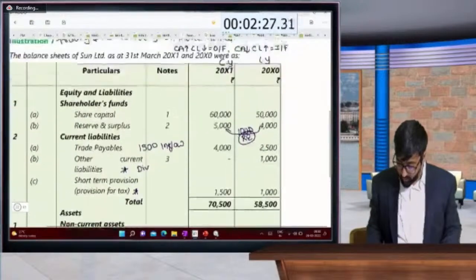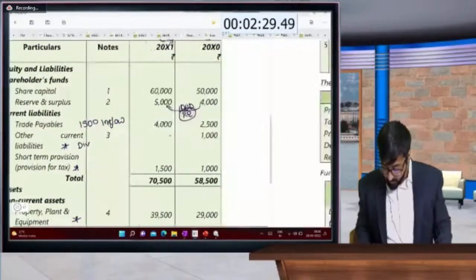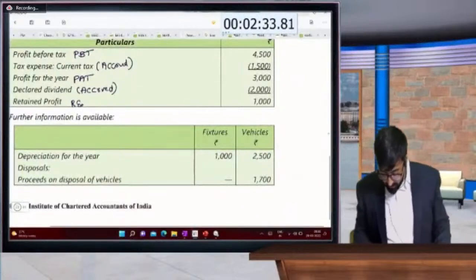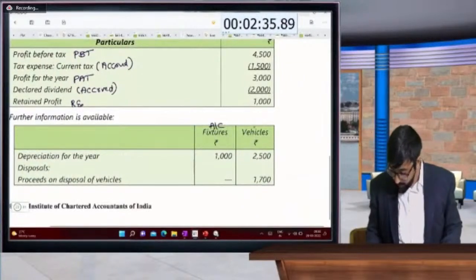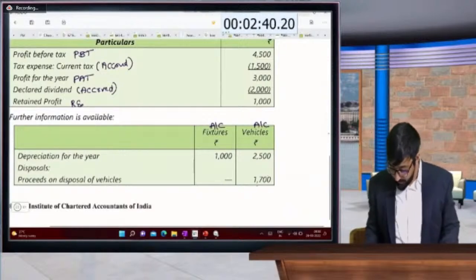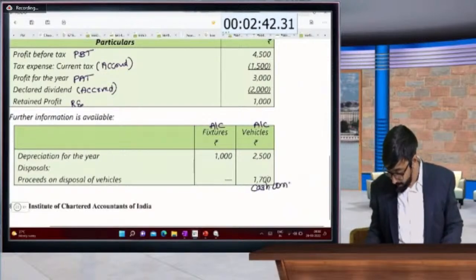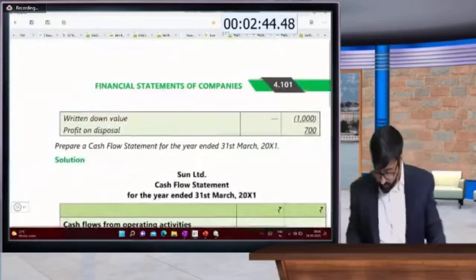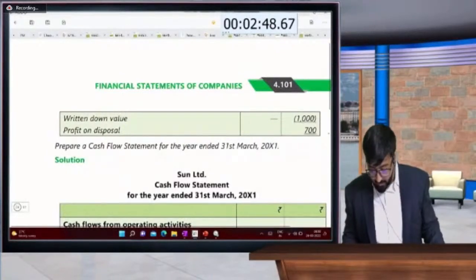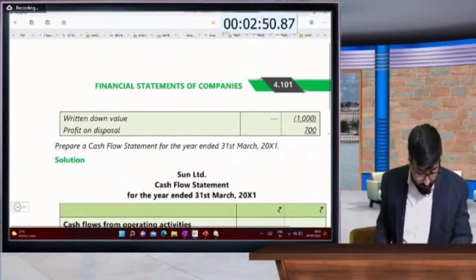Okay, no need of other adjustments. Proceed with depreciation account, vehicle account. Proceeds from disposal of vehicle, cash comes in. And profit we will record in adjusted P&L. Okay, written down value. So very easy.